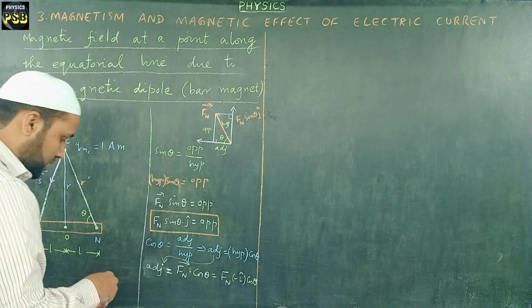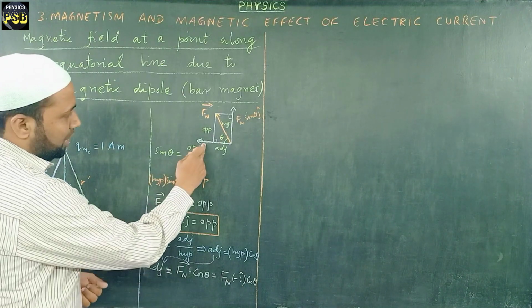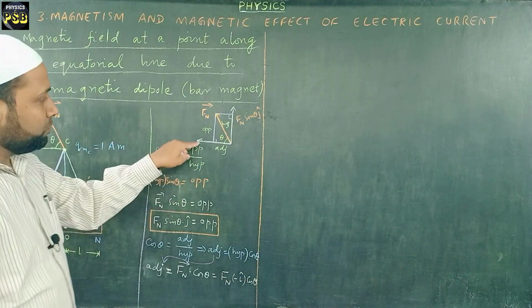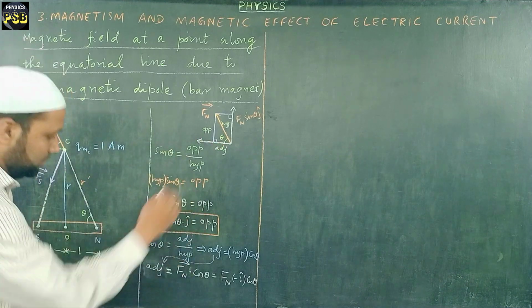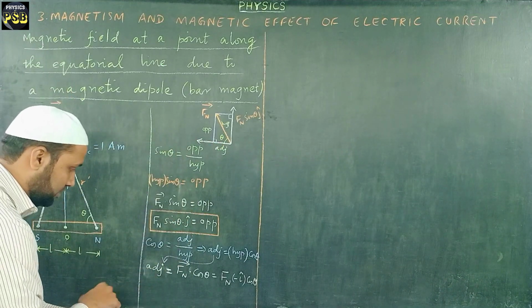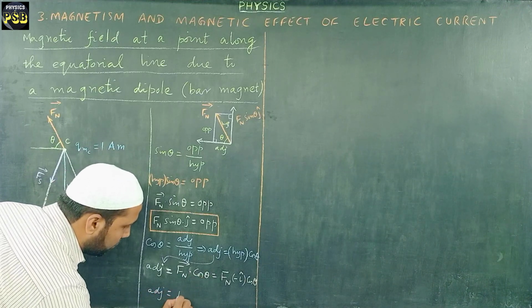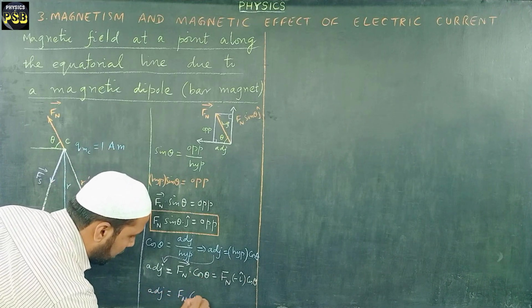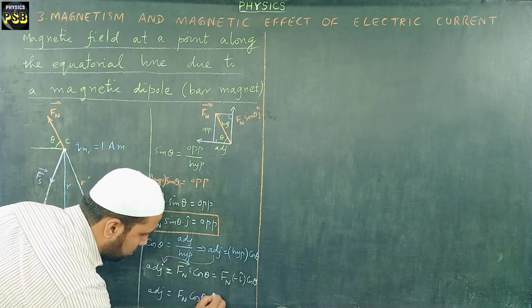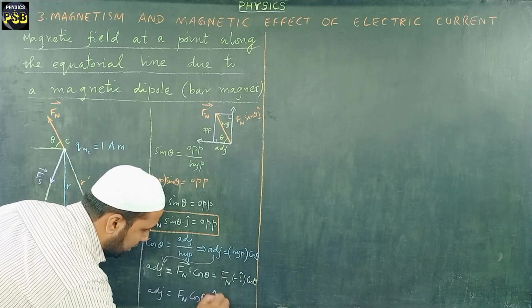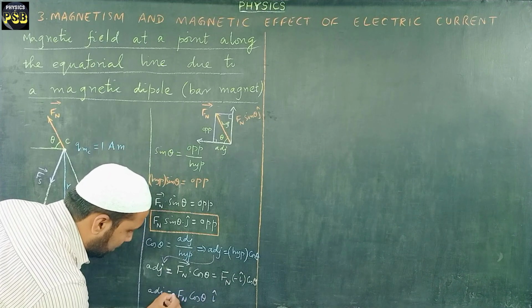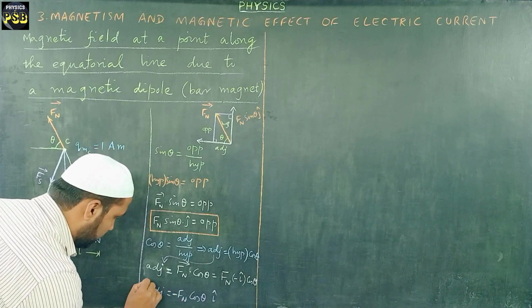So the adjacent side, which was unknown to me and which gives the horizontal component, is equal to Fn cos theta multiplied with minus i cap. I write that minus sign here. Fine.